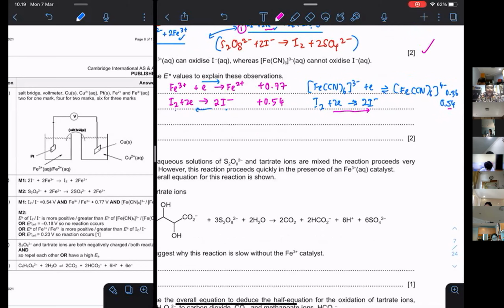So we are going to use the E value to explain. You include all these values, like what I've shown here.